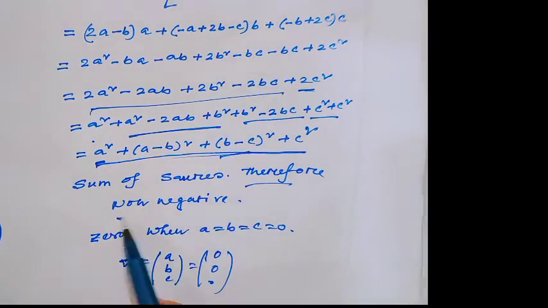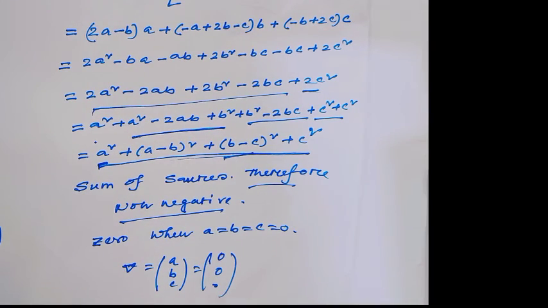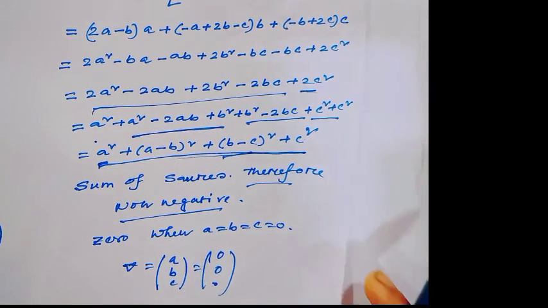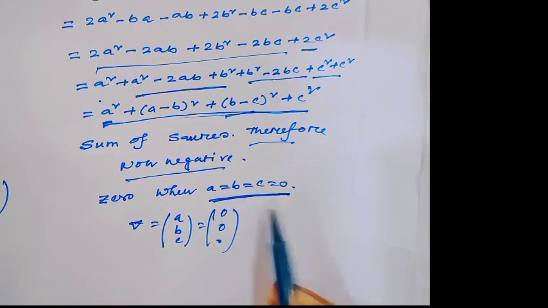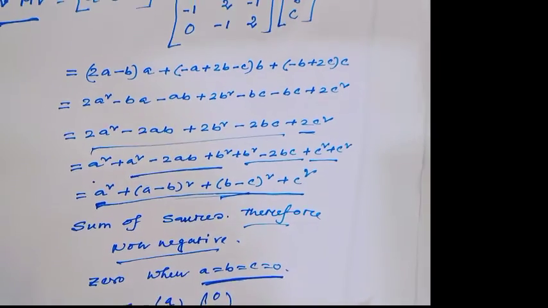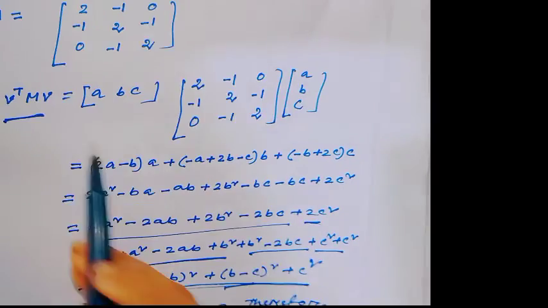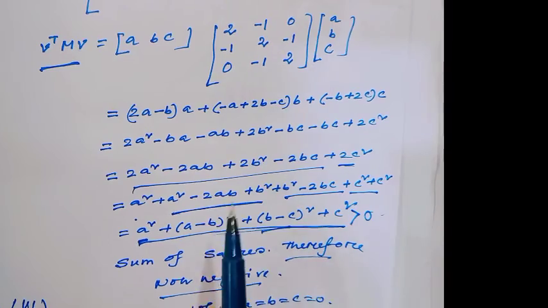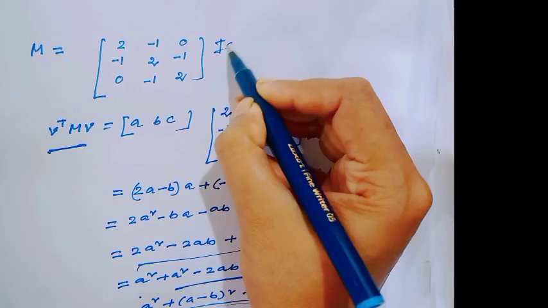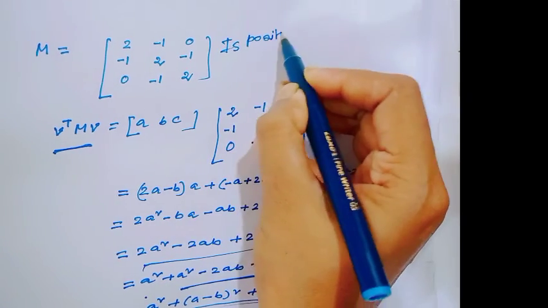Therefore, obviously this is non-negative, and 0 only when a, b, c equal 0. That means since V transpose M V is greater than 0 for all non-zero vectors V, this matrix is positive definite.